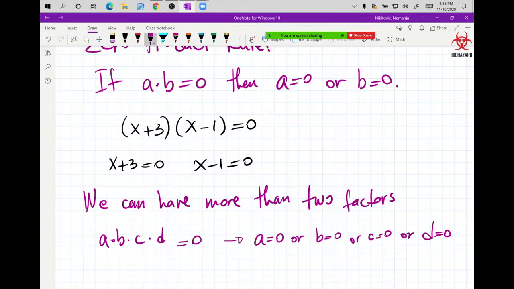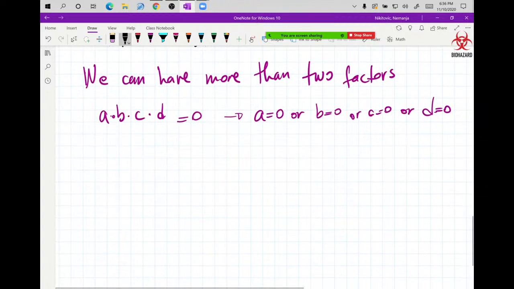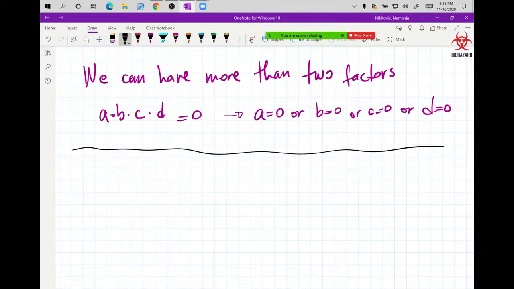So let's see more examples. Well, actually, I don't have to make them up. I can just steal them from homework. Oh, let's practice this. So let's say you landed on y minus 1 times y minus 2 equals 0 in the zero product rule.